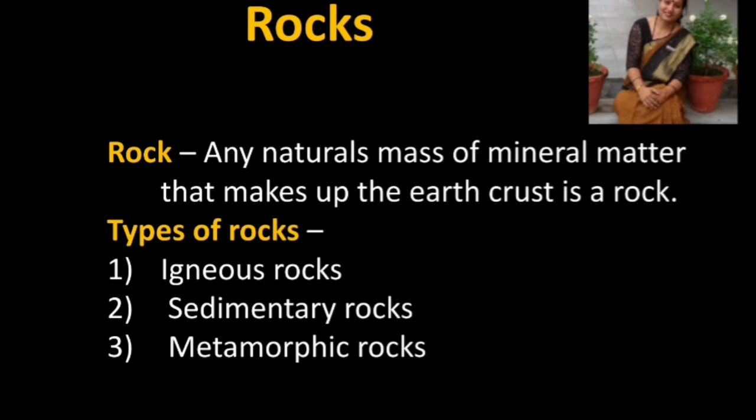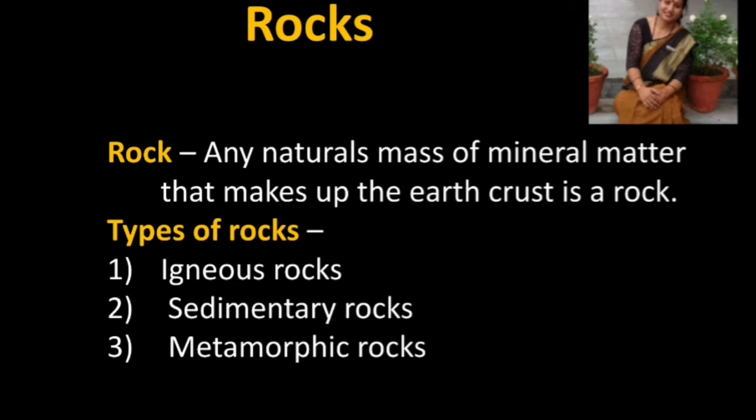The next topic of the chapter is rocks. The earth's crust is made up of various types of rocks, and the natural masses of mineral matter that make up the earth's crust are known as rocks.